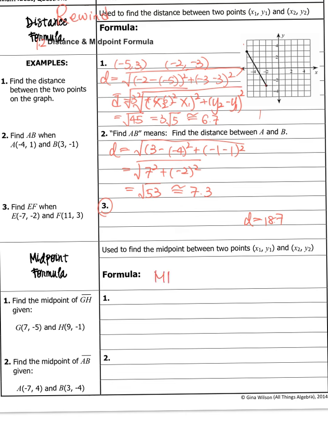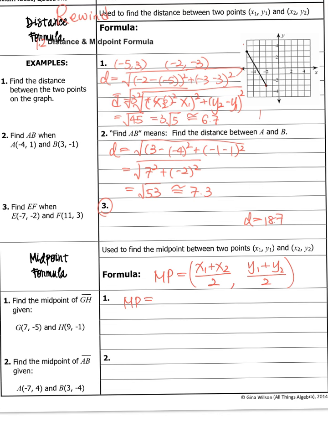So the midpoint formula is simply, you have two coordinates like we did with the last one, x1, y1, x2, y2, but you add the two x points together, divided by 2, then you add the two y coordinates together and divide it by 2. So in the first example, you've got G and H. So like I said, you simply just add the two together.